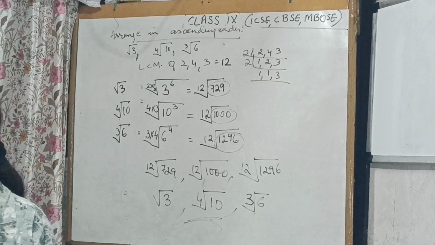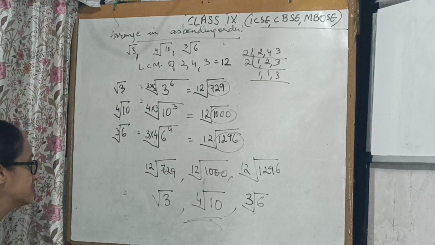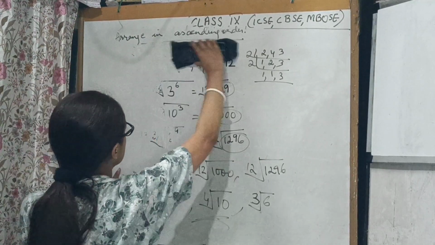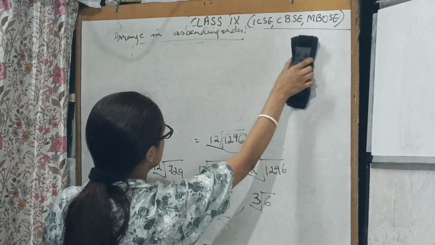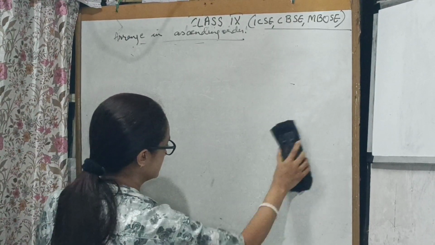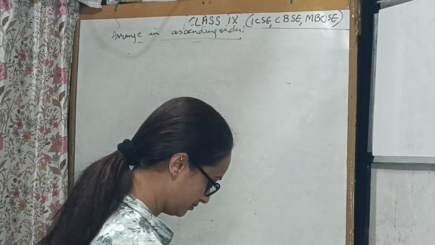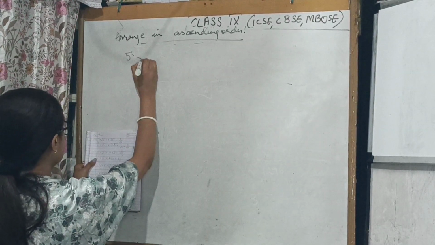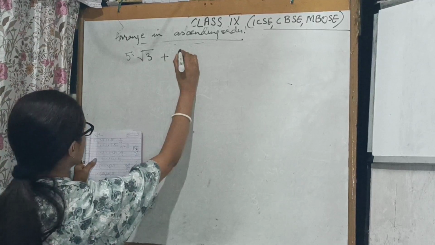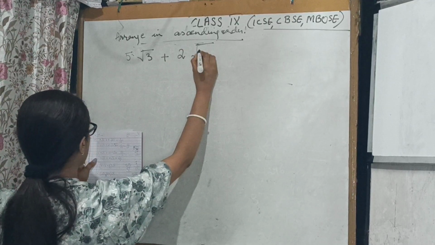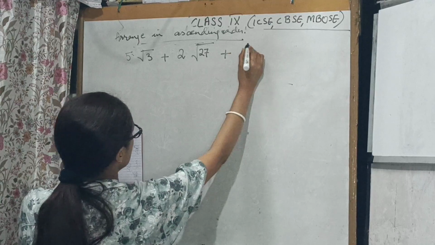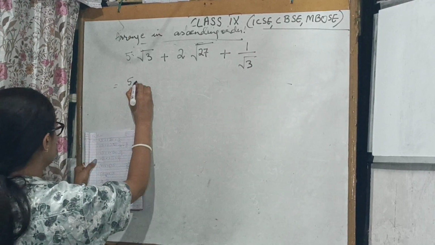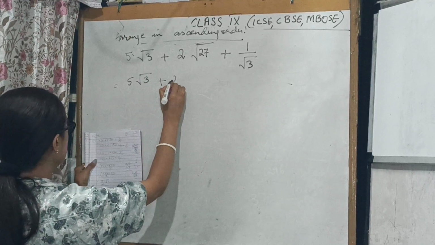Adding up the numbers with surds, radicals. Five into square root of 3 plus 2 into square root of 27 plus 1 by root 3. 5 square root of 3 plus 2.